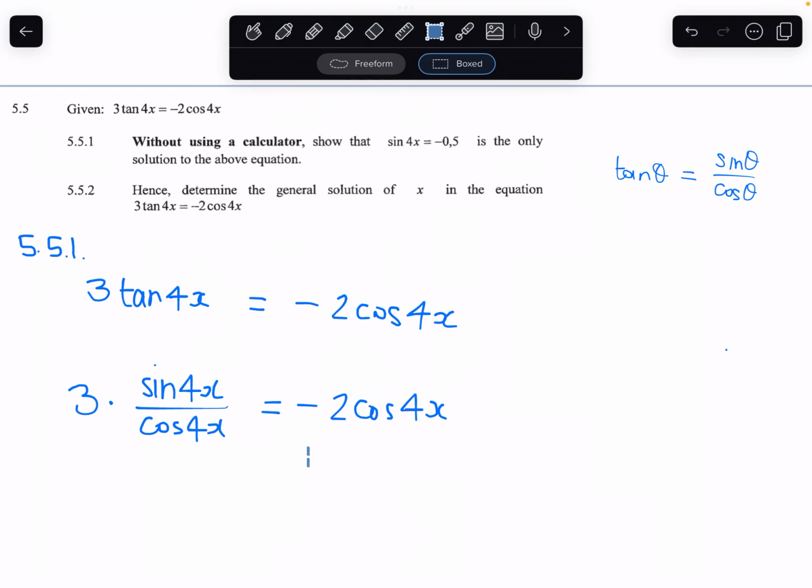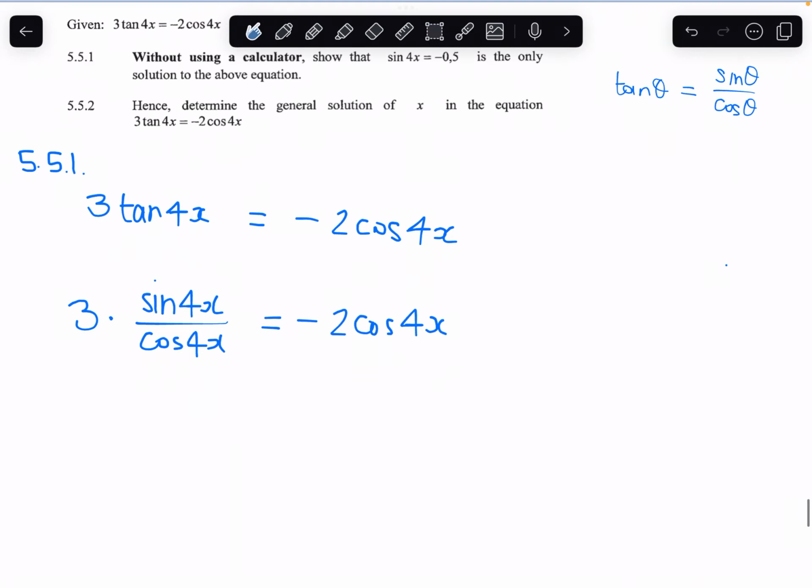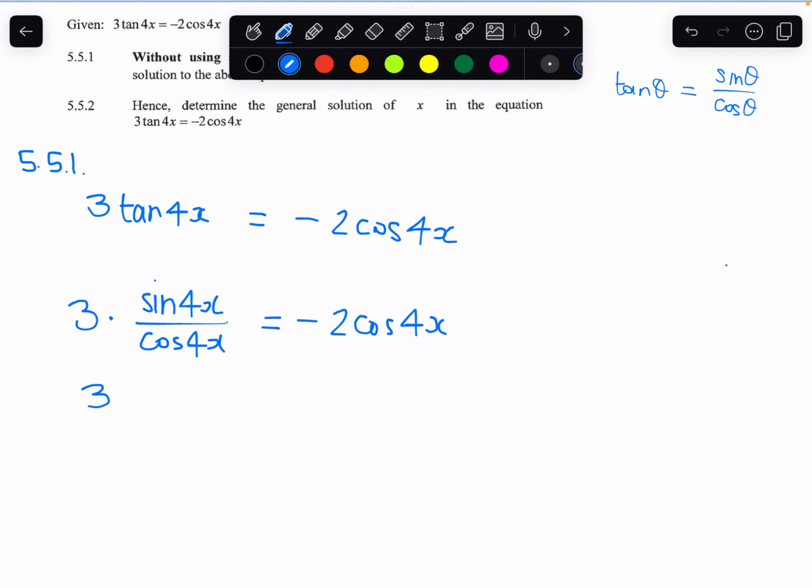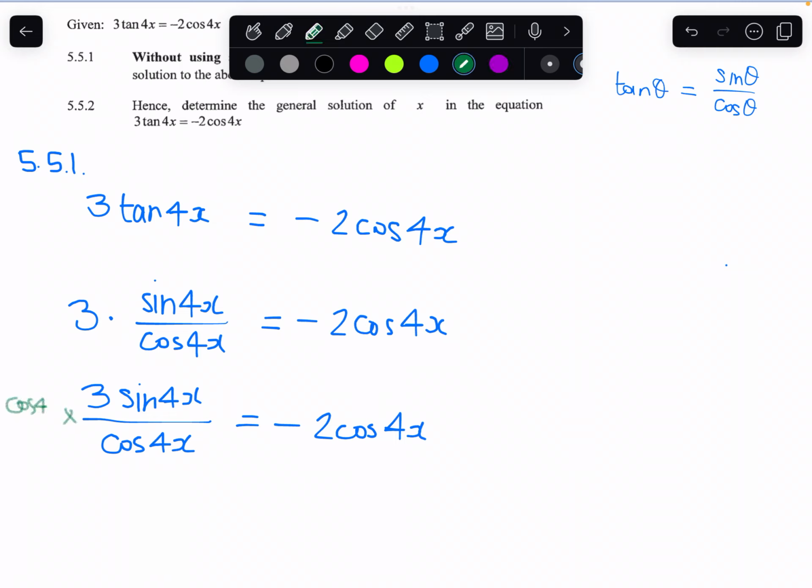Then from there, I'm just going to rewrite this as 3 times sine 4x divided by cos of 4x is equal to negative 2 cos 4x. So what we can do then is times both sides by cos 4x.